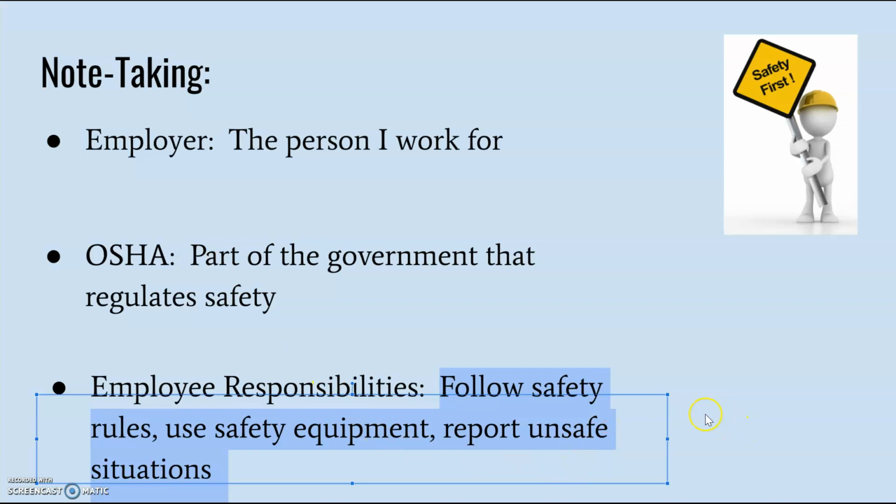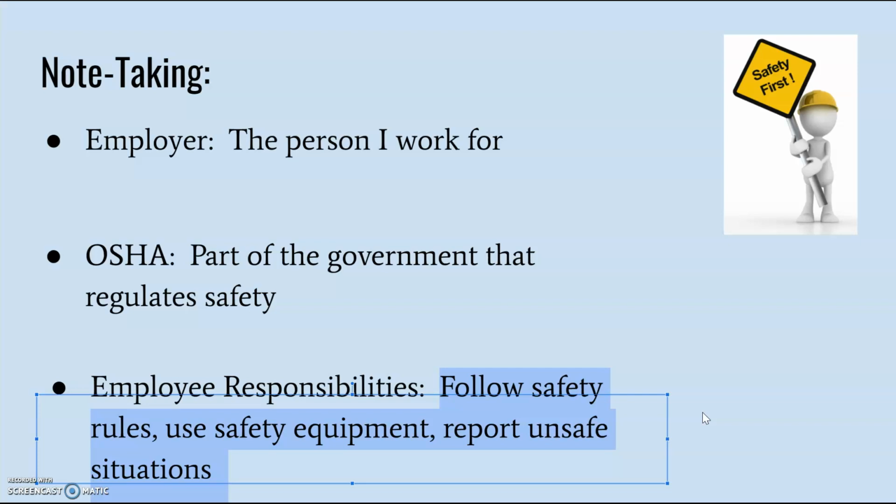Why is this so important? Because if you do not follow the safety guidelines or use safety equipment, your employer is not going to be very happy with you. The rules and the equipment are there for a reason. Reporting unsafe situations might mean that you keep your coworkers safe. Now, what if you see an unsafe situation which you could fix?